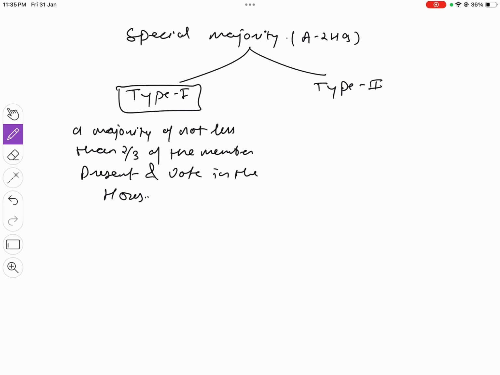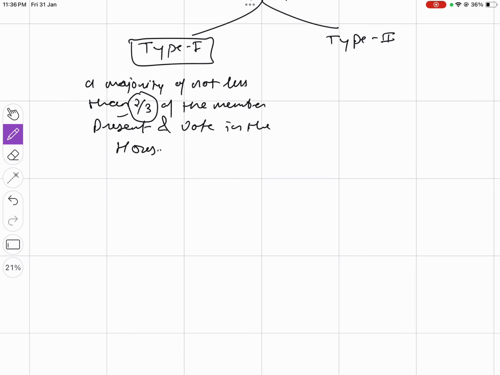So here we are saying two-third of the members present and voting in the house. Earlier it was 50%, but in special majority type 1 we say two-third majority.